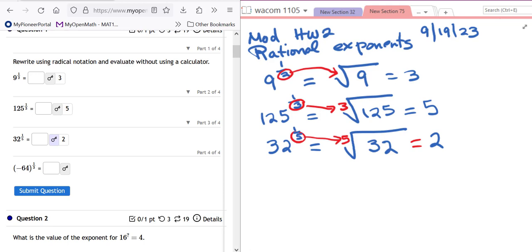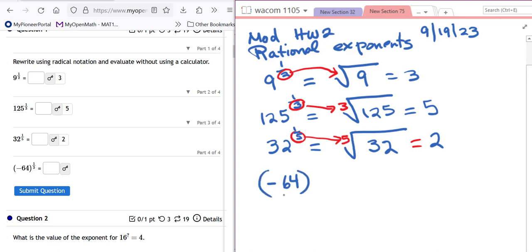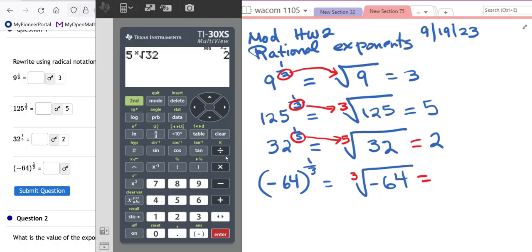And we have one more for this question. So 64, negative 64. In parentheses, so the sign is a part of the radicand. So this one is going to be a cube root. It's okay to have a negative under a cube root, under any odd index. And this one is going to be equal to negative 4. Let's look at it on the calculator.